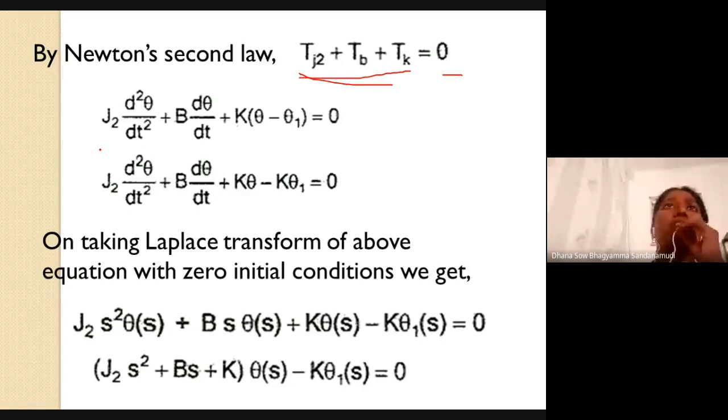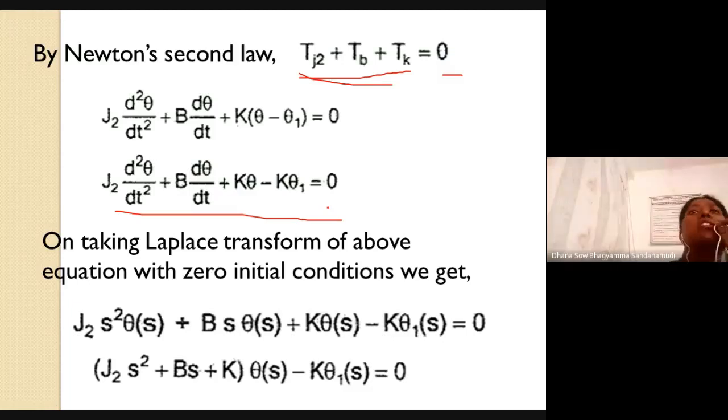So you just substitute the equations and simplify further, you will get this differential equation. So this is the differential equation which governs the behavior of the body at node 2. Now take the Laplace transform. It is J2 constant, therefore write down constant. This is the d square theta by dt square, so s square into theta of s. This is B, and d theta by dt is s into theta of s. k, write it down as it is, theta of s, k, theta 1 of s.